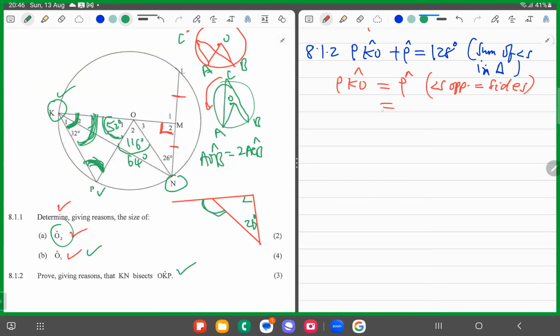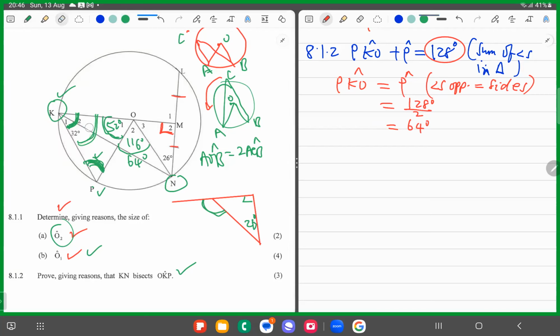So which means if you add them up, this one and this one is 128. So angle P is 128 divided by 2, and this is 64 degrees. So PKO is 64 degrees.